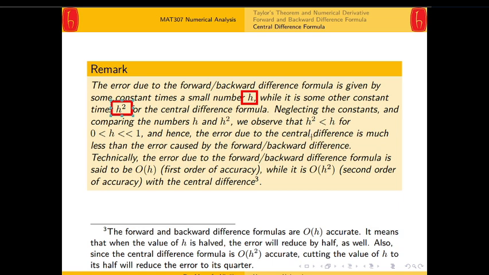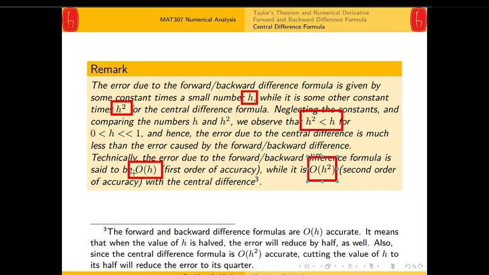So the error due to central difference formula will be much less than the error caused by forward or backward difference formulas. Okay, so because it has h squared, and h squared will be much smaller if you're in this interval. Technically, the error due to the forward and backward difference formula is said to be order h, first order of accuracy, while it is order h squared, the second order of accuracy with the central difference formula.